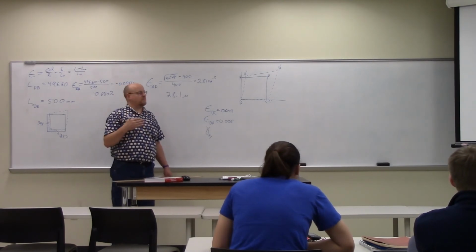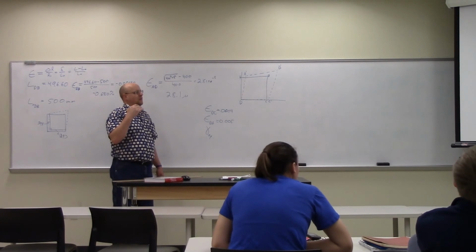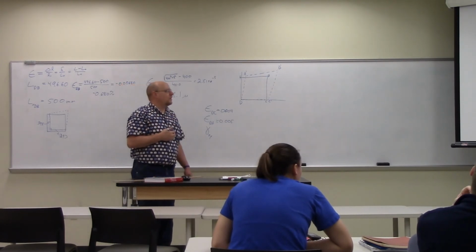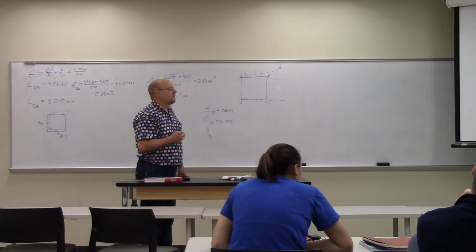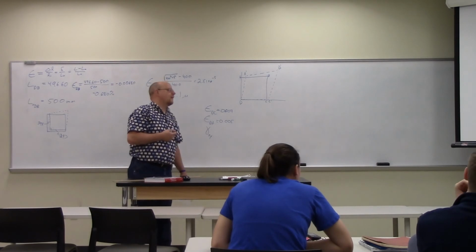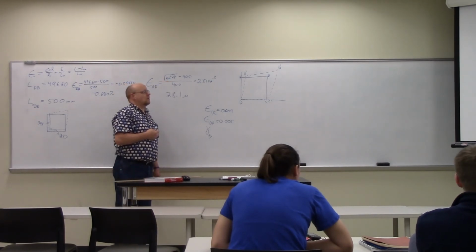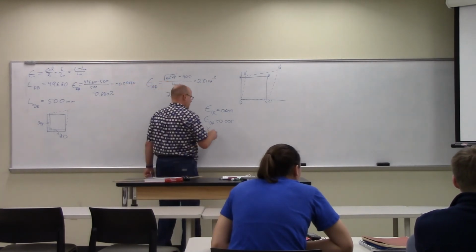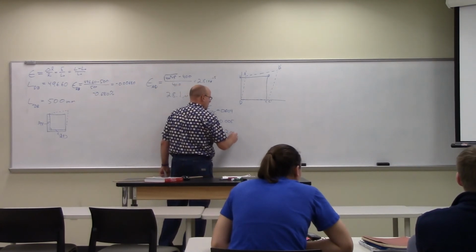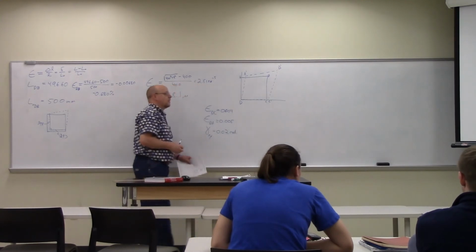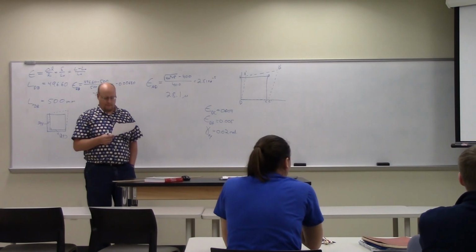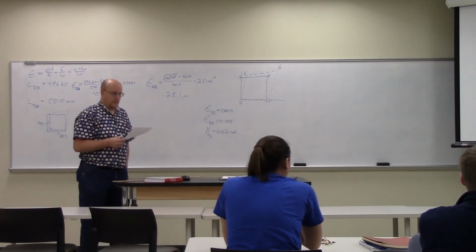It's the result of, did they label gamma XY in there anywhere? No, they didn't. Oh, interesting. So gamma XY is equal to 0.02 radians. How much? You get that from like AB to A prime D?